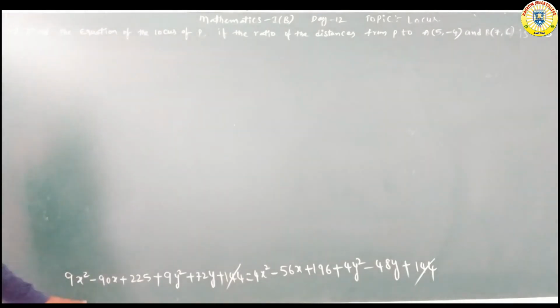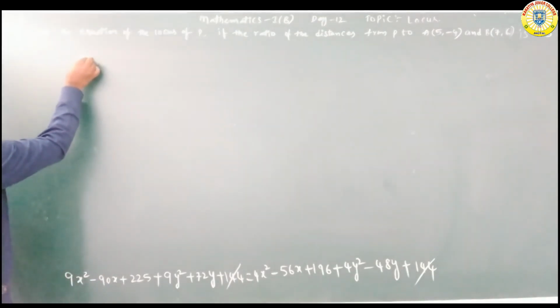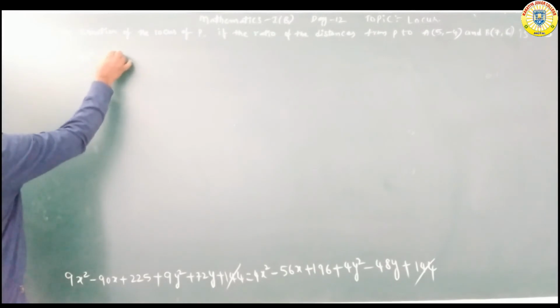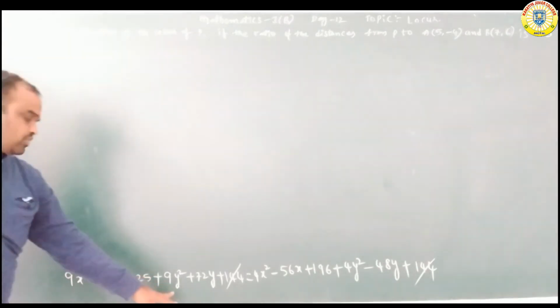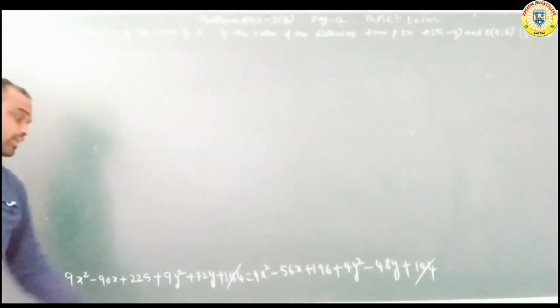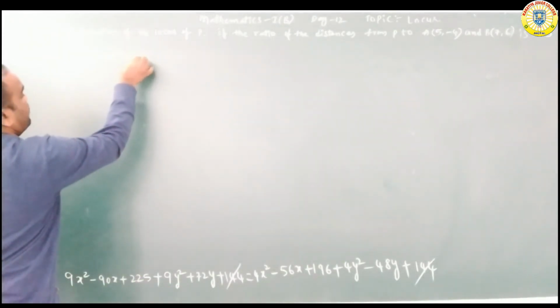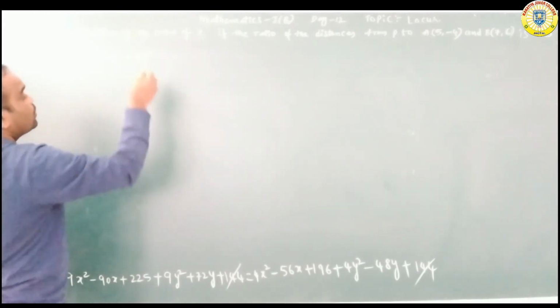There is already 9x square, so 9x square minus 4x square. Next, y square terms: 9y square minus 4y square.